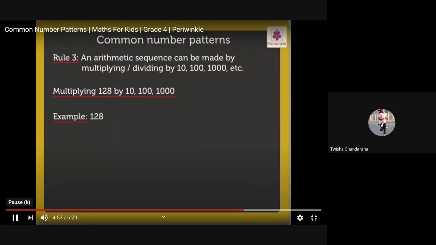So let's look at the pattern. 128 multiplied by 10 is equal to 1280. 128 multiplied by 100 is equal to 12,800. And lastly, 128 multiplied by 1000 is equal to 1,28,000.